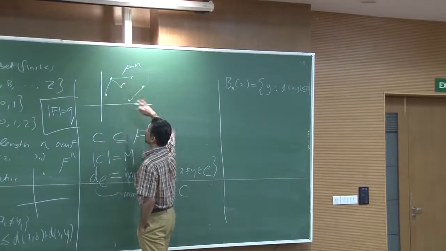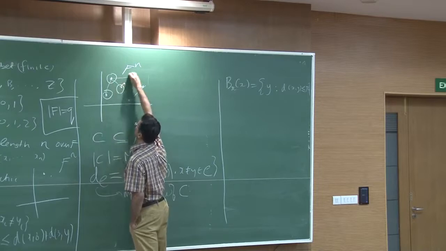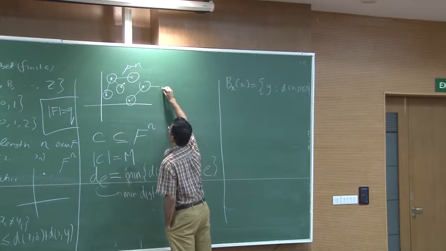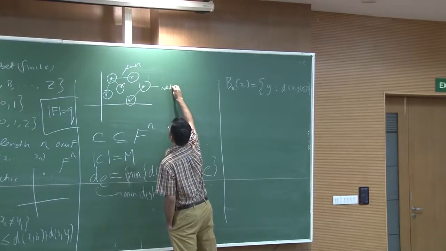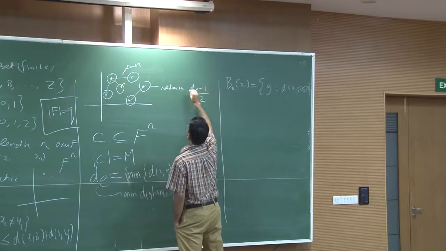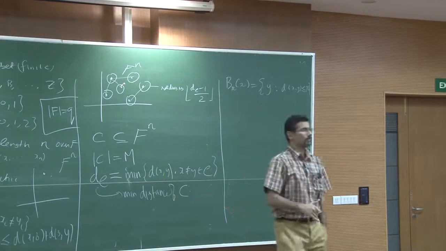You have these m dots, make them the center of balls of some radius. Which radius I will tell you. Radius of the balls is roughly speaking half of d(C) minus 1. What is d?